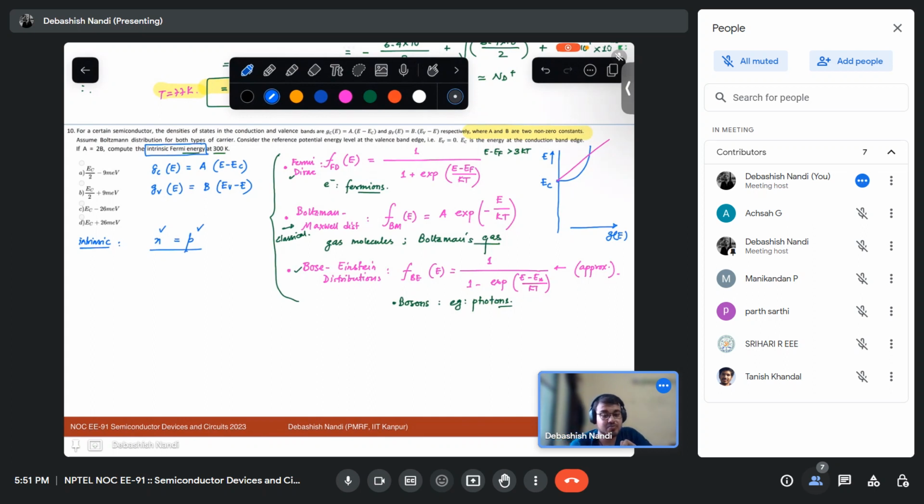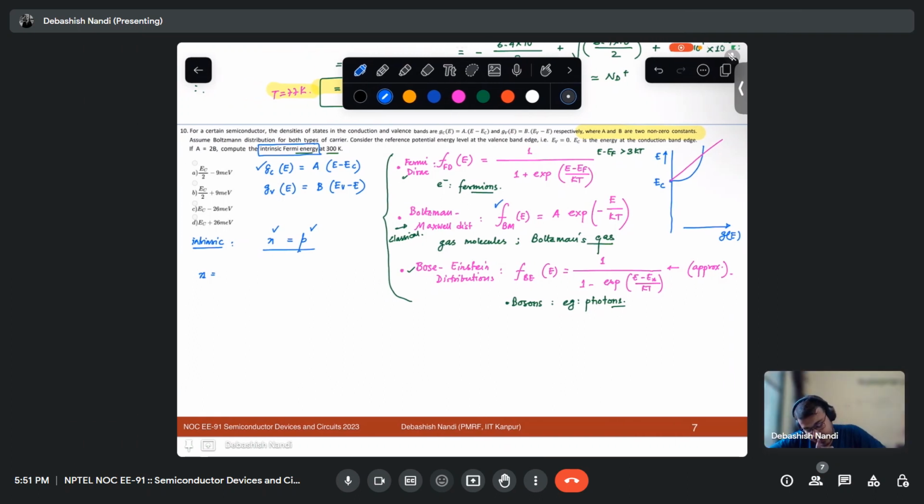So how can I compute it? Let me compute N. How can I compute N if I know G and F? In terms of density of states, right. We do this kind of integration.